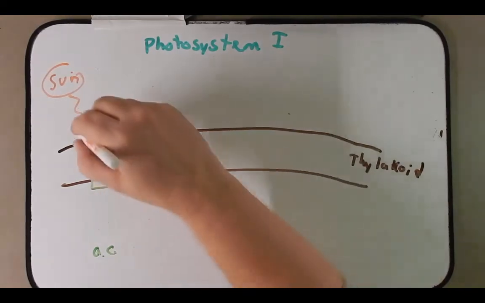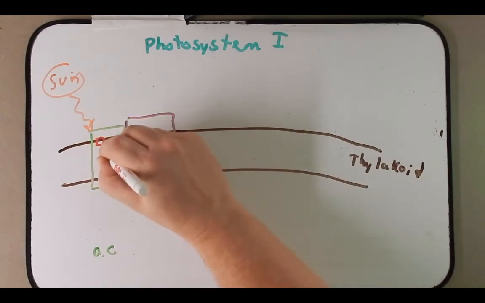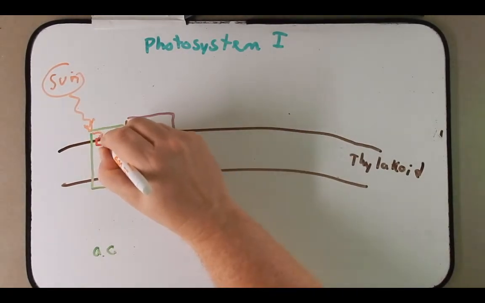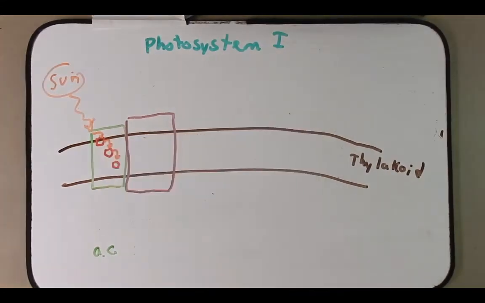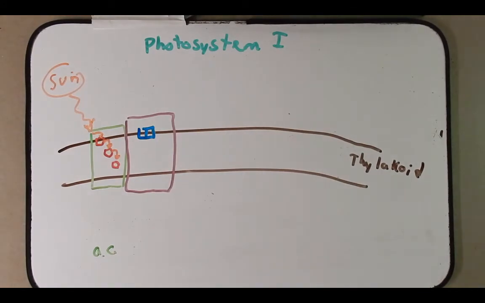It's still going to excite the electrons in just the same way. Those electrons found in these chlorophyll molecules. It's going to transfer these electrons just like we've talked about before, this high energy chlorophyll, to a lower energy state chlorophyll molecule until it winds up with the special pair of chlorophylls.